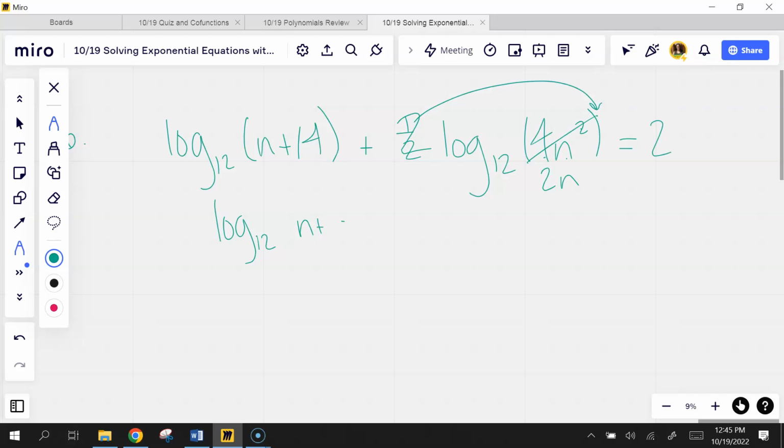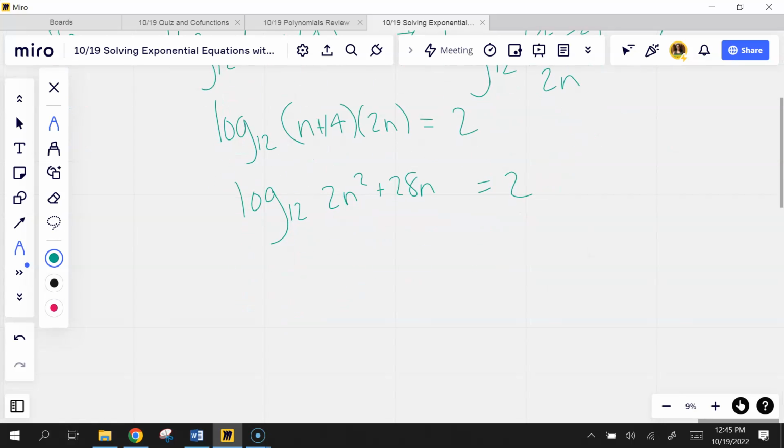So I'll have n plus 4 times 2n, 14, equals 2. Distribute that a little bit and change the form.